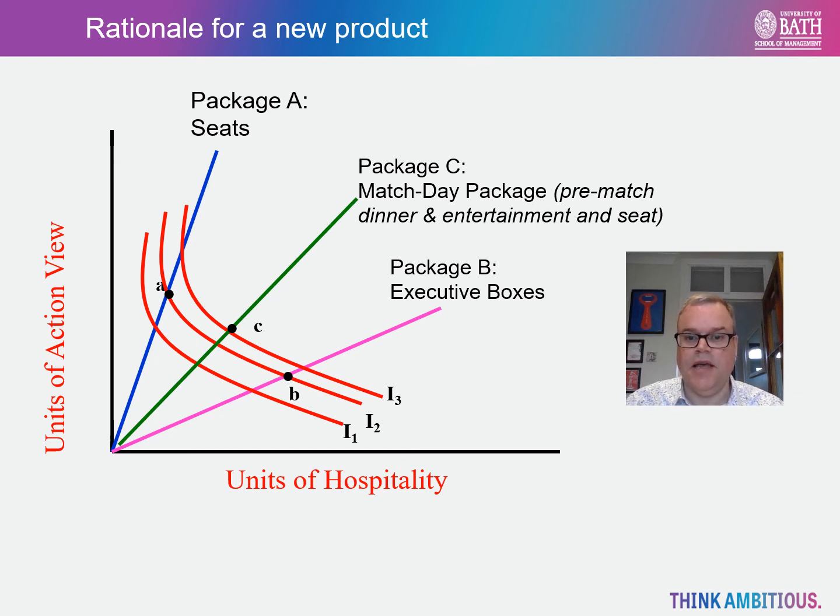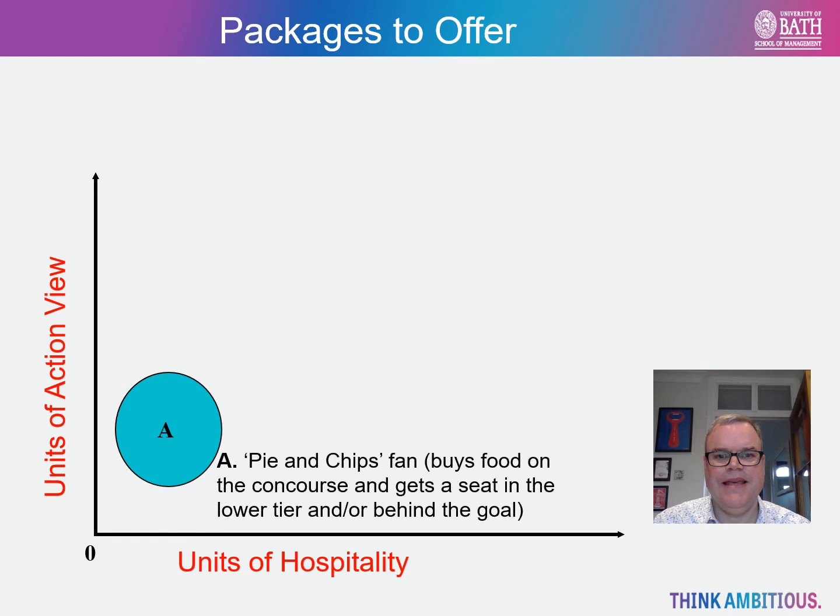I have suggested here that perhaps they may offer a matchday package which includes a pre-match dinner with a compere, entertainment and a nice seat in the stand. And indeed, in recent years, football clubs have started to offer this type of matchday package. Susie types will purchase the new product, while Pepper and George types will stick to their preferred choices.